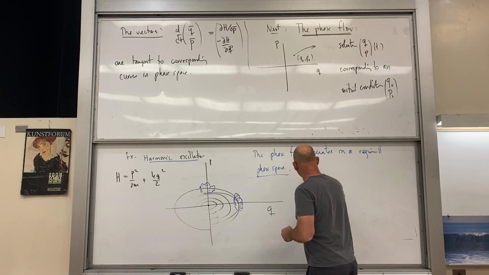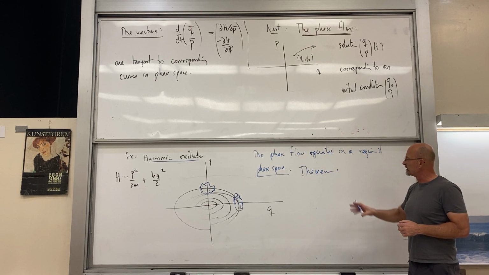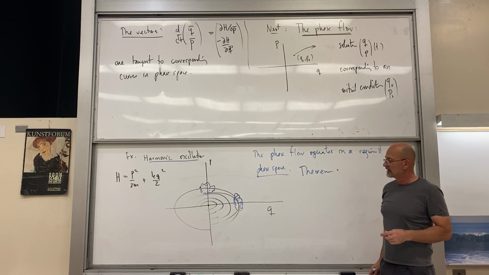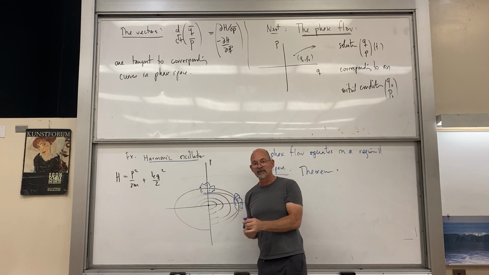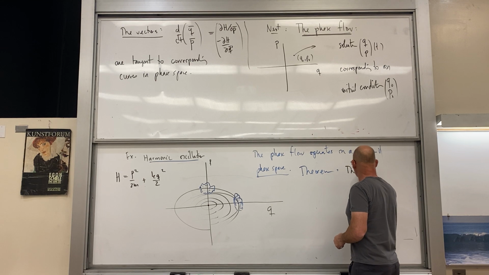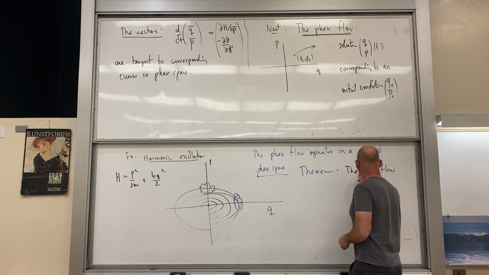And the theorem that we're going to look at says that this phase flow preserves volume, which is to say this phase fluid is incompressible, so to speak. So the theorem: the phase flow preserves volume.